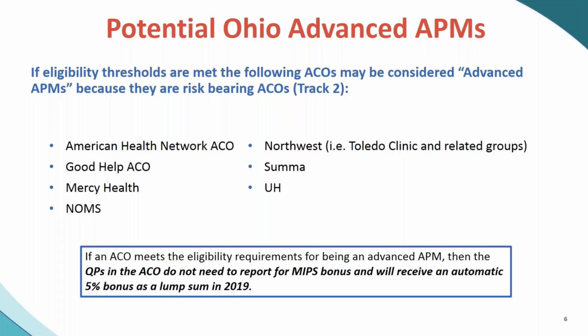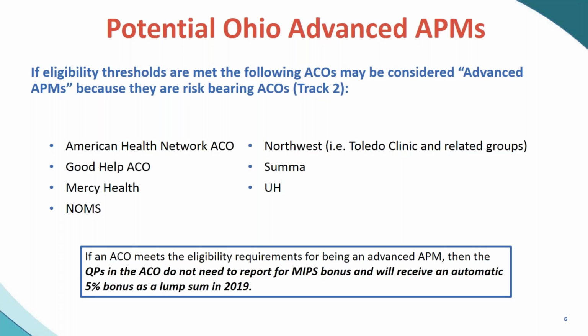Now the names that we're using are not the true ACO business names. It's just kind of a general name or an organizational name that we put with it. So if you see yours there and you're like, wait a minute, we don't call ours that. We know. We're just trying to make it easier for you to track what we're saying, and we figured that you would recognize your organization rather than us listing every single ACO name.